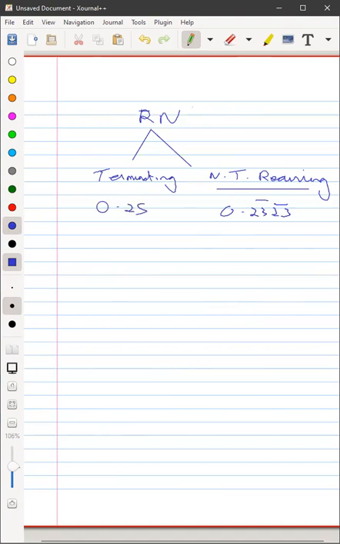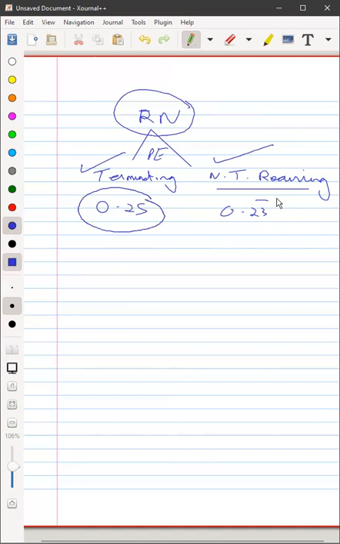So all rational numbers have decimal expansions that are either terminating or non-terminating recurring. Non-terminating recurring means the digits repeat themselves and it never ends. So whenever we have a terminating or a non-terminating recurring decimal expansion, automatically they are rational numbers.